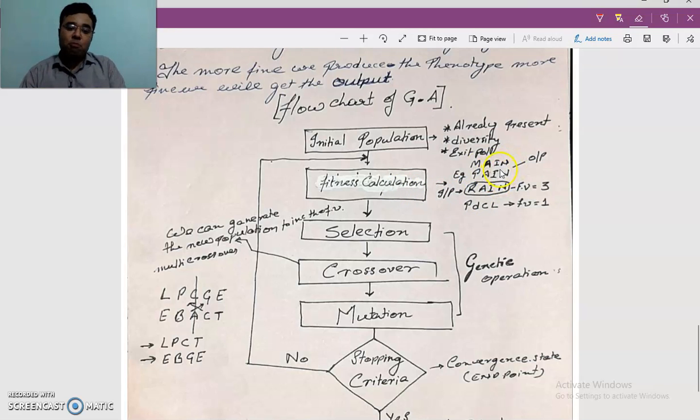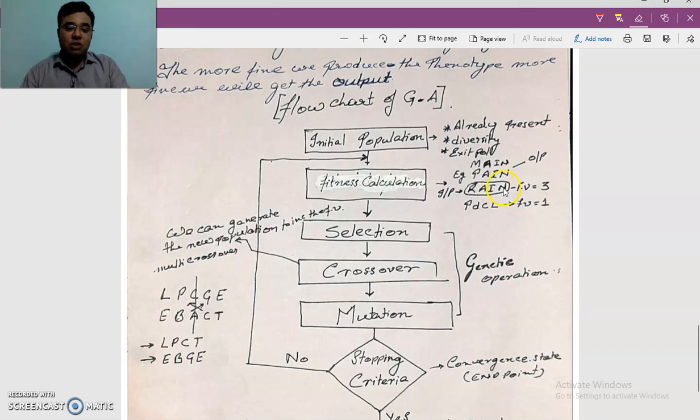Suppose this is my output extraction of population, and this is my input extraction of population, and amongst these two I need to calculate the fitness value. So how can we calculate the fitness value? We need to compare these two populations.